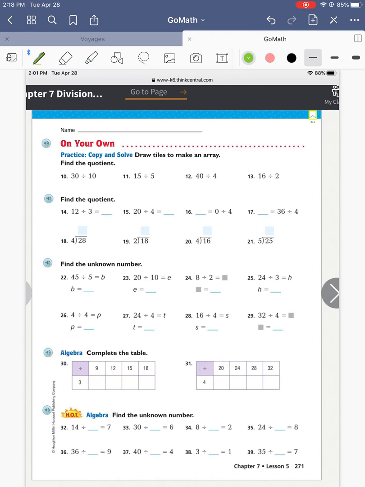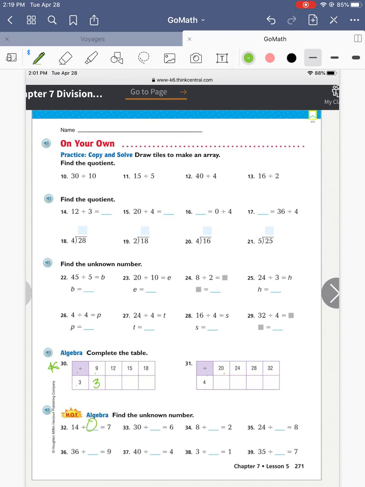All right, this page, you're going to try by yourself and then check your answers with mine on this page. Down here at the bottom, on number 30 and 31, you're doing the top number, 9 divided by 3, and putting the answer in the missing box. Same over here, 20 divided by 4.